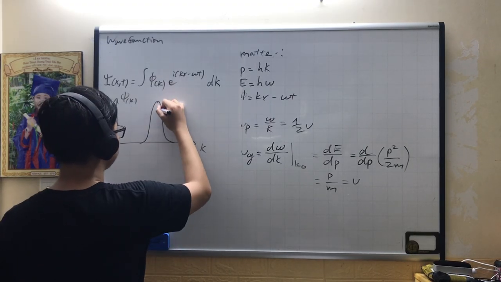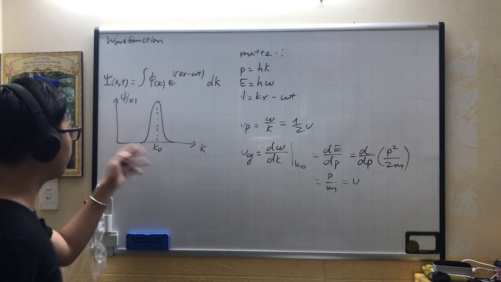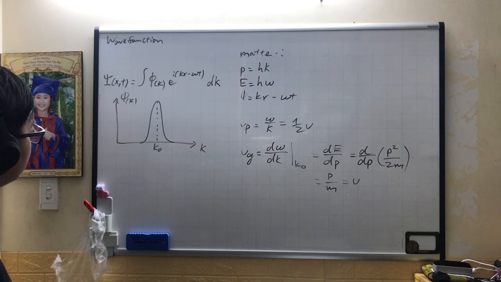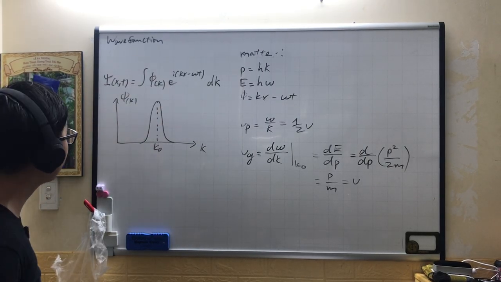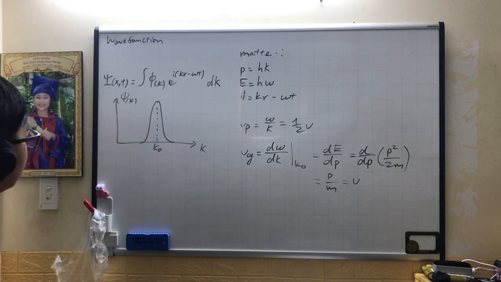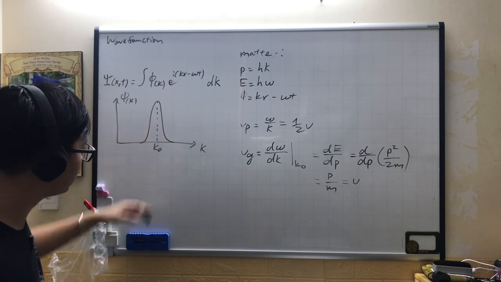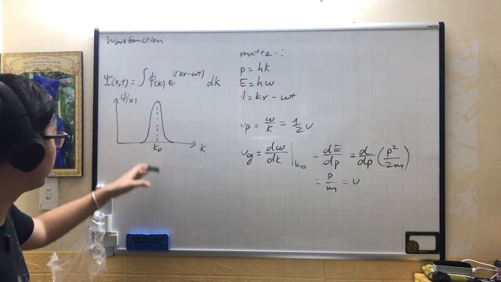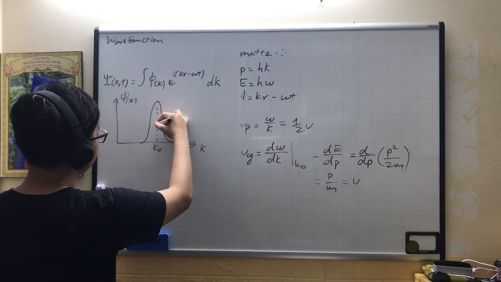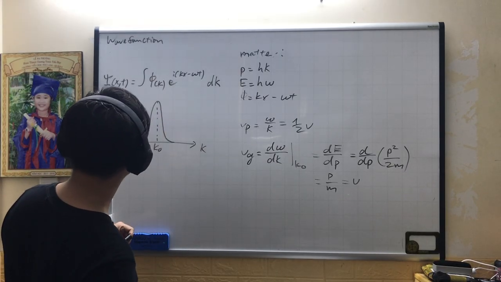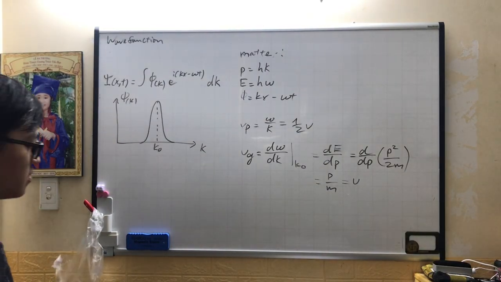And this spike would be around k naught, a number. If you want this part to contribute something, you would need it to be stationary around k naught. You don't want it to oscillate like crazy around here, so it would not eliminate itself. So that is the stationary phase principle.